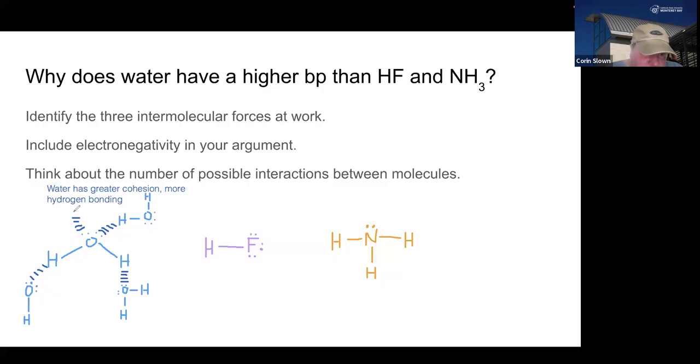By comparison, if I'm thinking about HF, how many hydrogen bonds can HF form? This can form four. What do we think about HF?